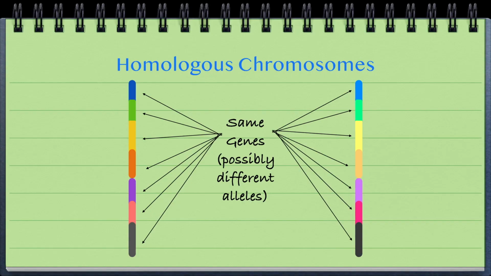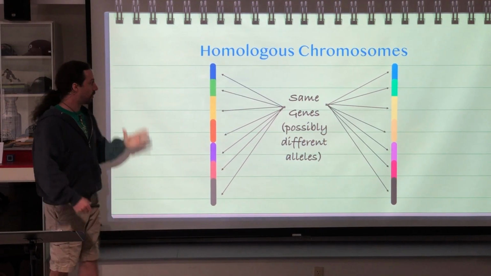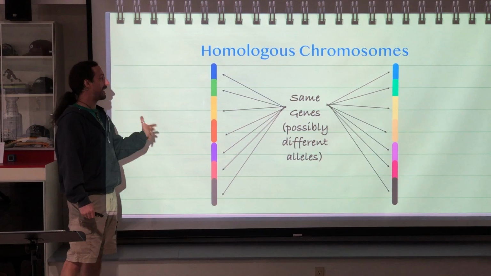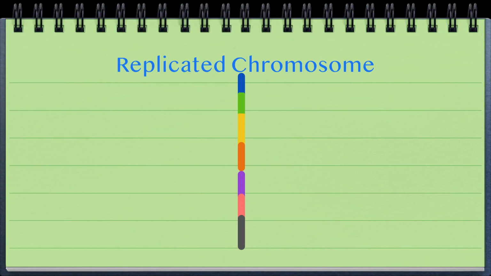Homologous chromosomes would have the exact same separation of genes, the genes being in the exact same location that control the exact same traits, but they might be slightly different. So to illustrate that, we're showing slightly different colors for that variation between the 2 genes. So even though they control the same traits, because they do it differently, they have different alleles.